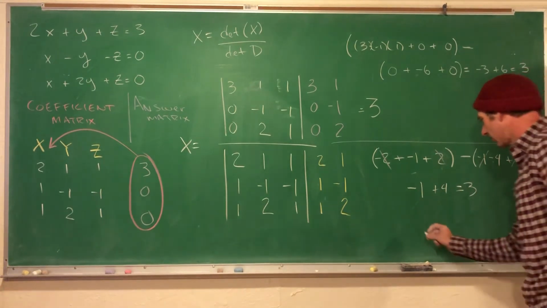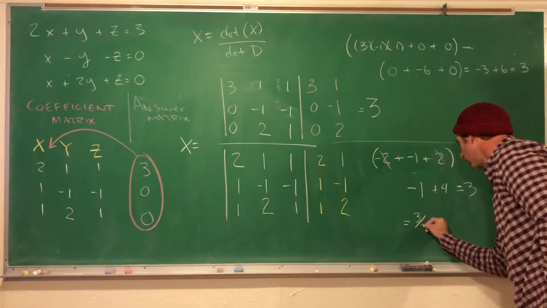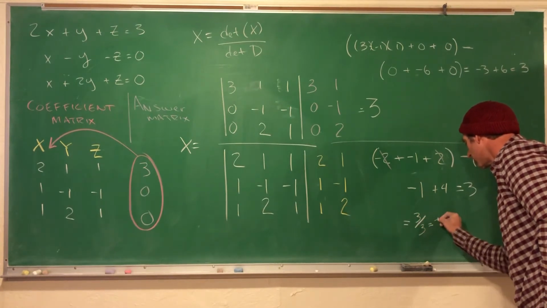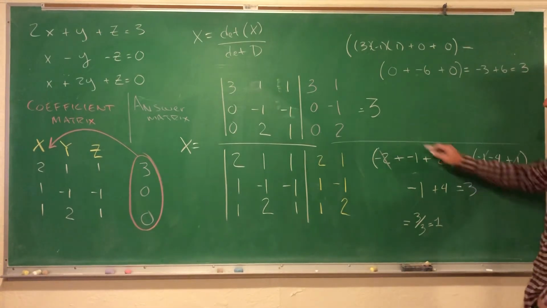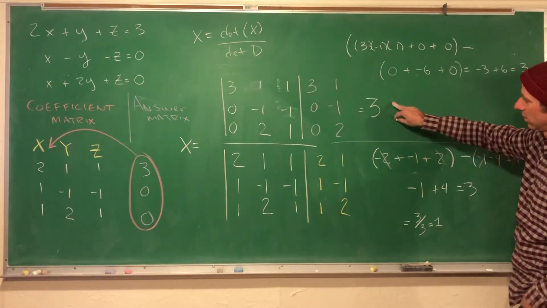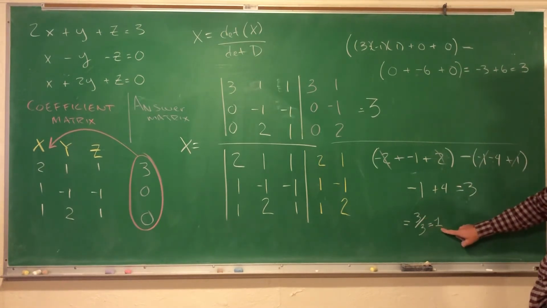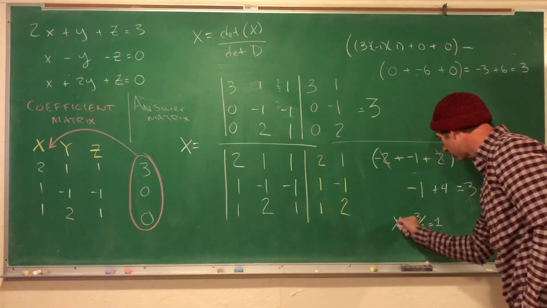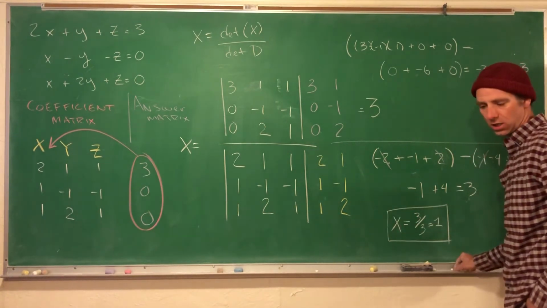When everything's said and done, I get 3 over 3, which is 1. I got this 3 up here, I got this 3 down here, and 3 over 3 is 1. So x equals 1.